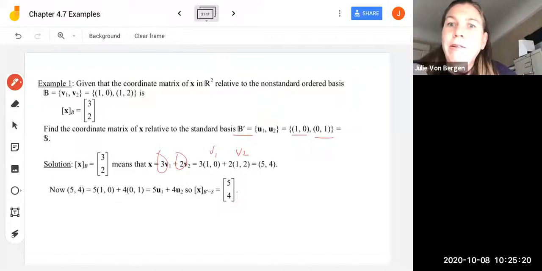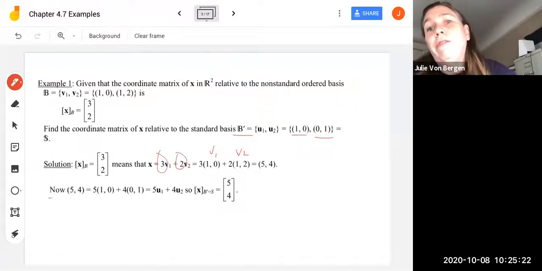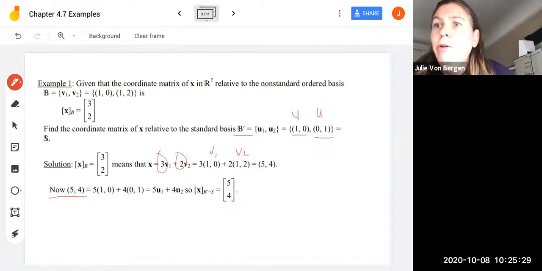So our next step now is to take the resulting vector (5, 4) and break that down into vectors U1 and U2 that are (1, 0) and (0, 1). That's pretty easy because these are essentially the standard basis vectors. So it'll be 5 times (1, 0) plus 4 times (0, 1). We can write this as 5U1 plus 4U2.